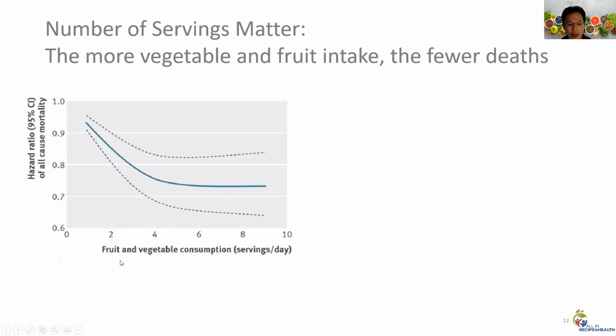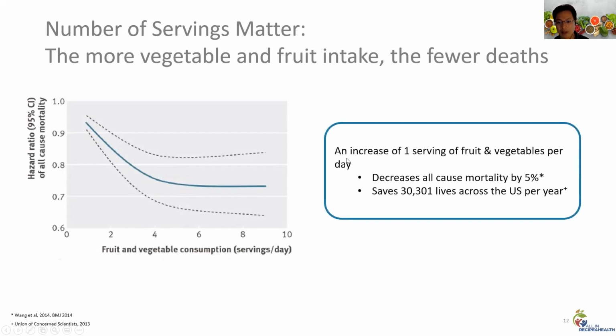But the takeaway is, as you increase your fruit and vegetable servings a day, your risk of all-cause death drops down. So this curve, and this is kind of the middle curve. When I start at 1 or 0, I'm up here. At 1, I'm dropping down, 2, all the way down to 5. It starts to level out.